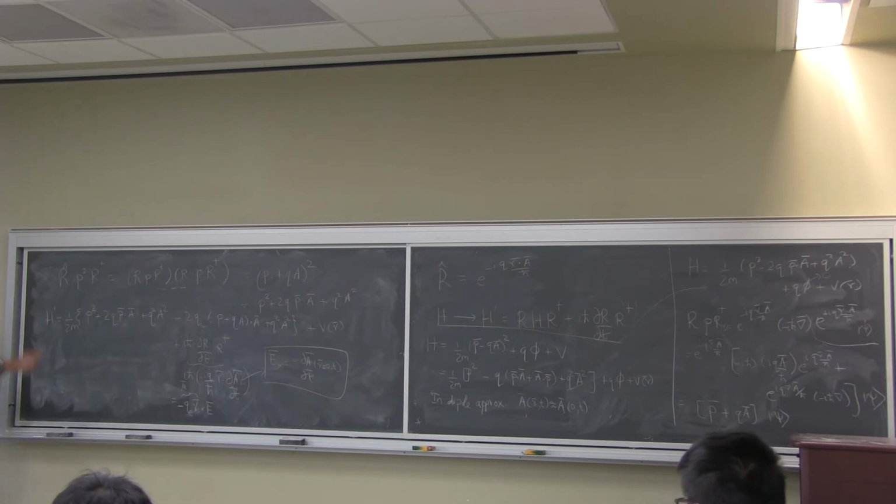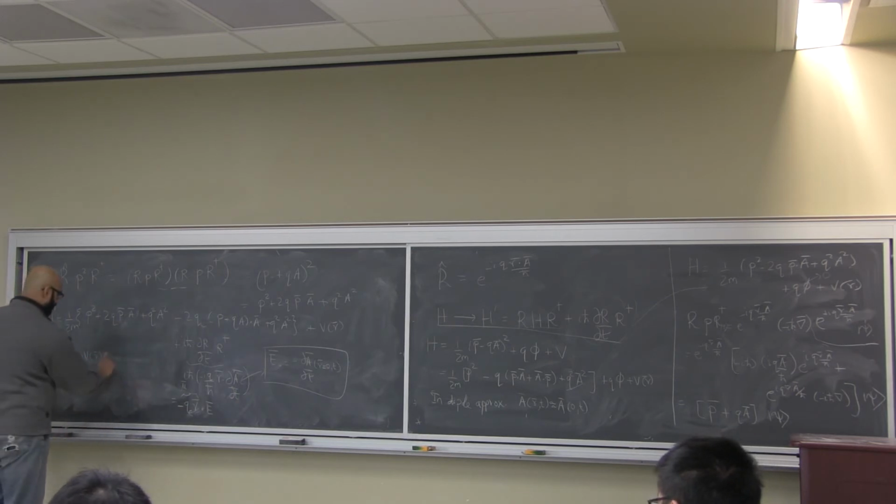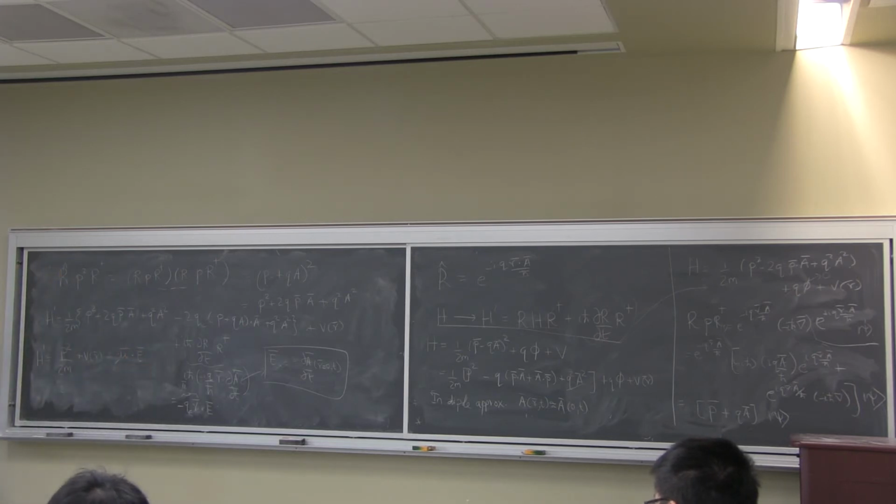And then all the rest of this you can easily convince yourself will just work out to P squared over 2m plus V of R. So we are left in the end with this Hamiltonian that we promised.